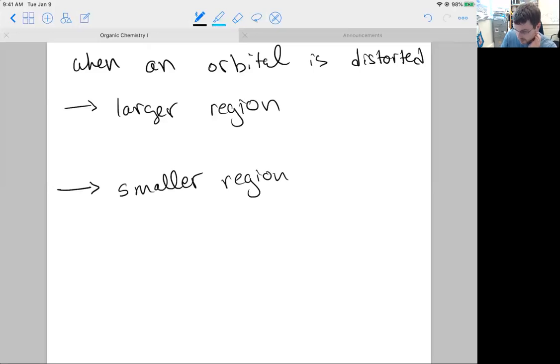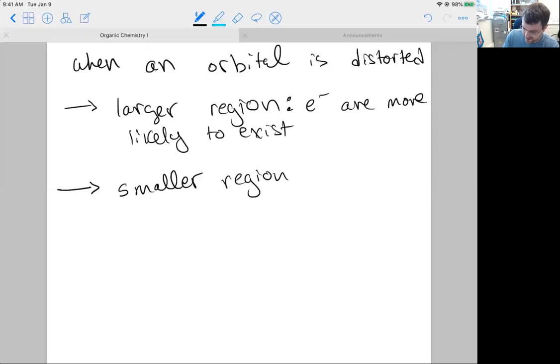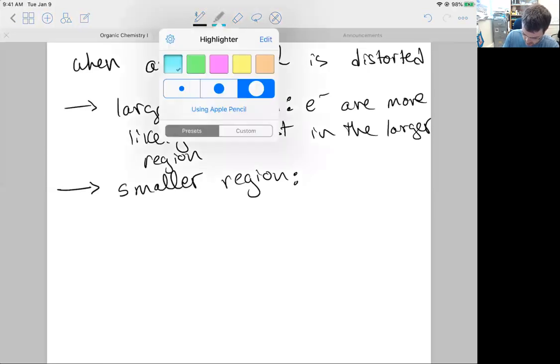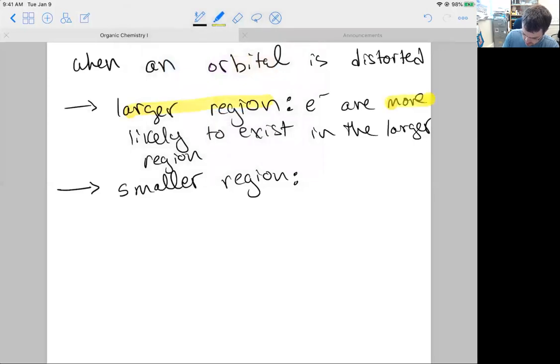Okay. When we have a larger region in an orbital, that creates more space for the electrons to exist in. So electrons are more likely to exist in the larger region. And conversely, electrons are less likely to exist in the smaller region. Larger region, more likely.